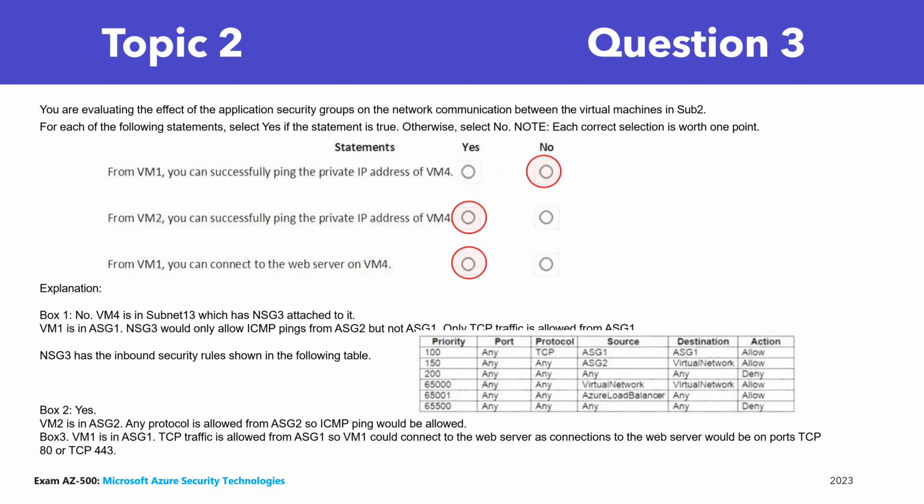From VM1, you can successfully ping the private IP address of VM4. Statement no. From VM2, you can successfully ping the private IP address of VM4. Statement yes. From VM1, you can connect to the web server on VM4. Statement yes.